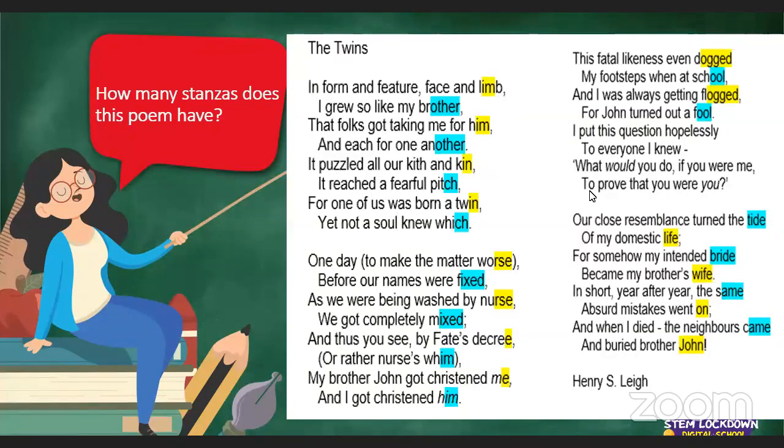Okay, so he's making it seem as if the good benefits of being the twin only worked out for his brother and they didn't really work out for him, because throughout the entire poem he is constantly talking about his misfortunes of being a twin, especially guys the final stanza.